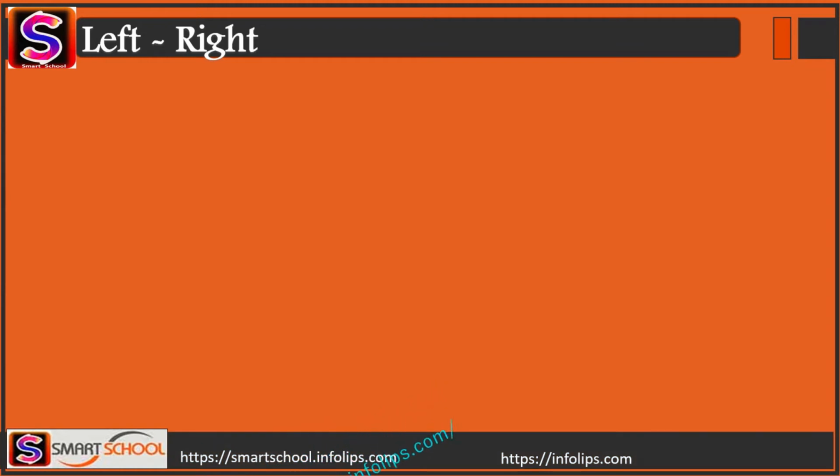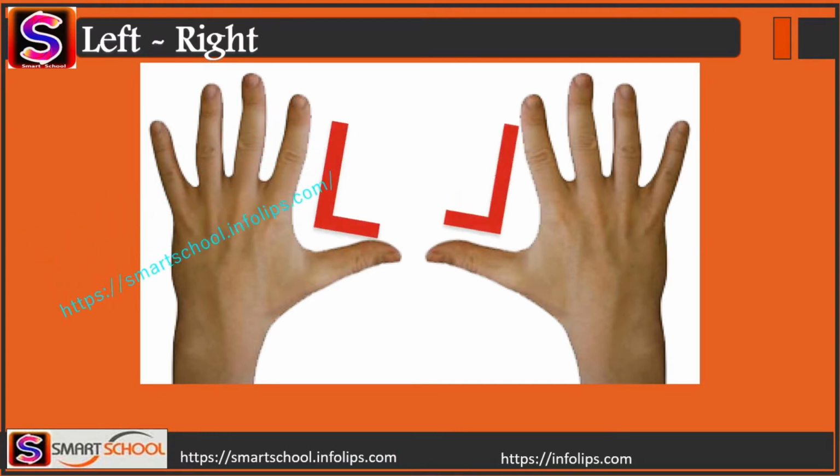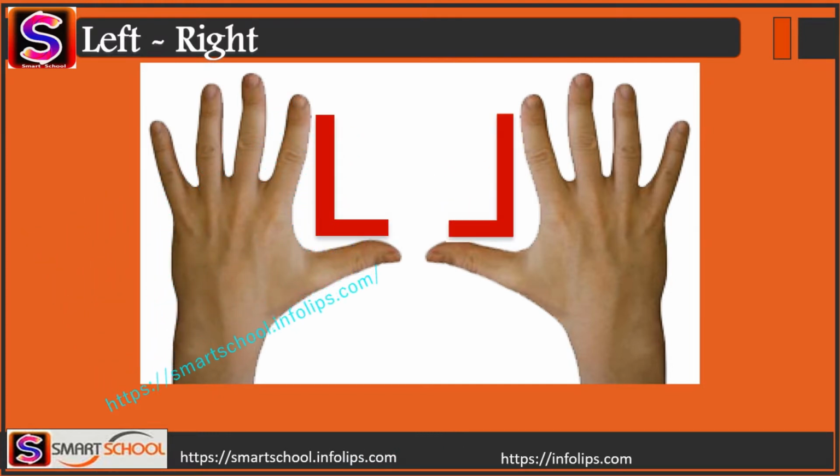Yes, left and right. See there again, there are two hands, but now the positions are a little bit different. So put both your hands in front of your eyes, or you can put your hands on the table in this position. Okay, and after that you just imagine this L shape.